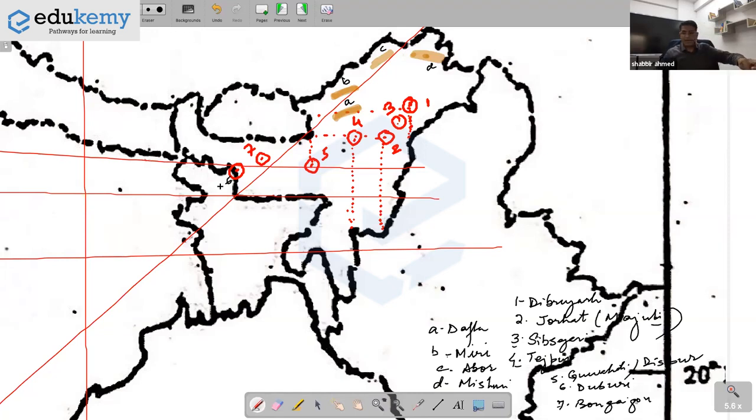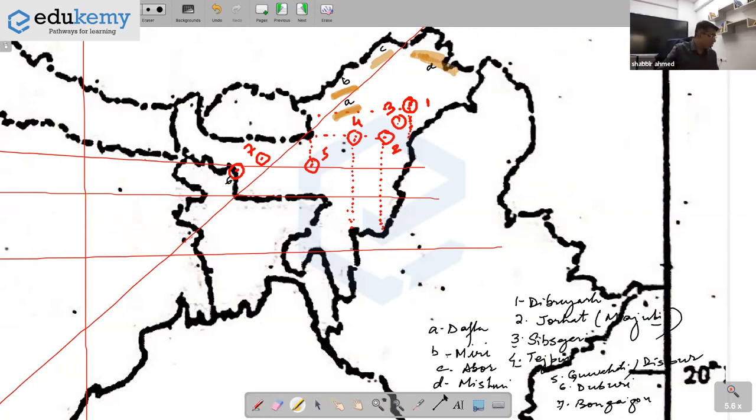Miri and Dafla, remember, are north-south. Many of us make a mistake here. Marking it accurately, Miri and Dafla are relatively north-south hills. Mishmi is further on this side, so this is Mishmi, like this.